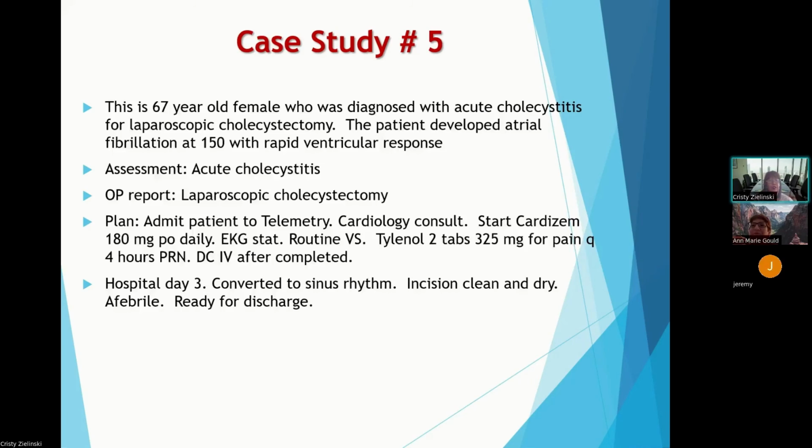That's not exactly why the patient was admitted as inpatient. The patient was admitted because of atrial fib. So you want to make sure that he documents that the patient was admitted due to atrial fib. And then the acute cholecystitis will be your secondary, and your surgical diagnosis would be your laparoscopic cholecystectomy, right?